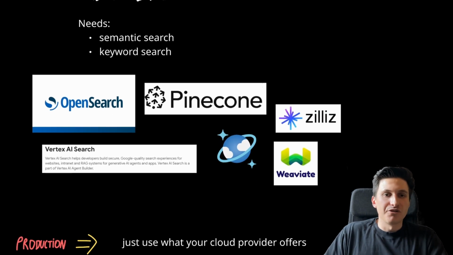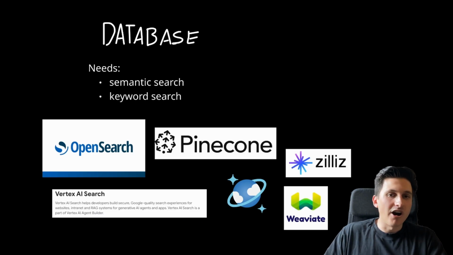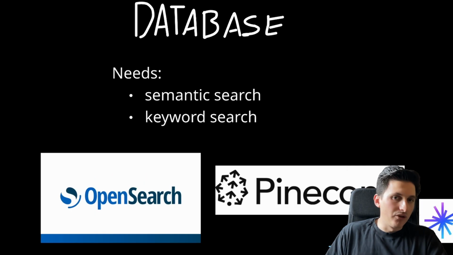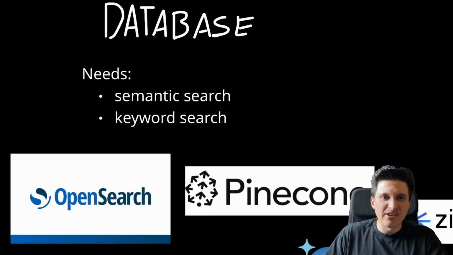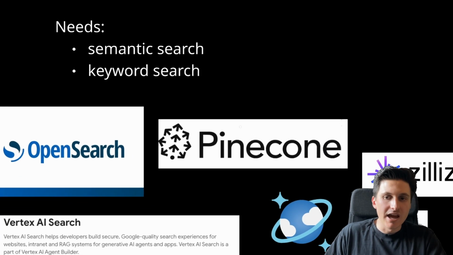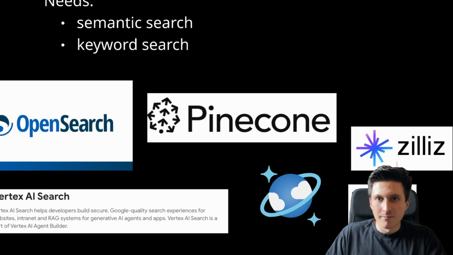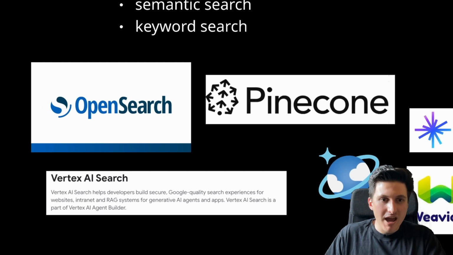And of course we also need some kind of database. There are a lot of options, but the 2 main functionalities we need is semantic search and keyword search. Nowadays most of these are often called vector databases, but they also support keyword search nowadays. There are a lot of them, like really a lot of them.